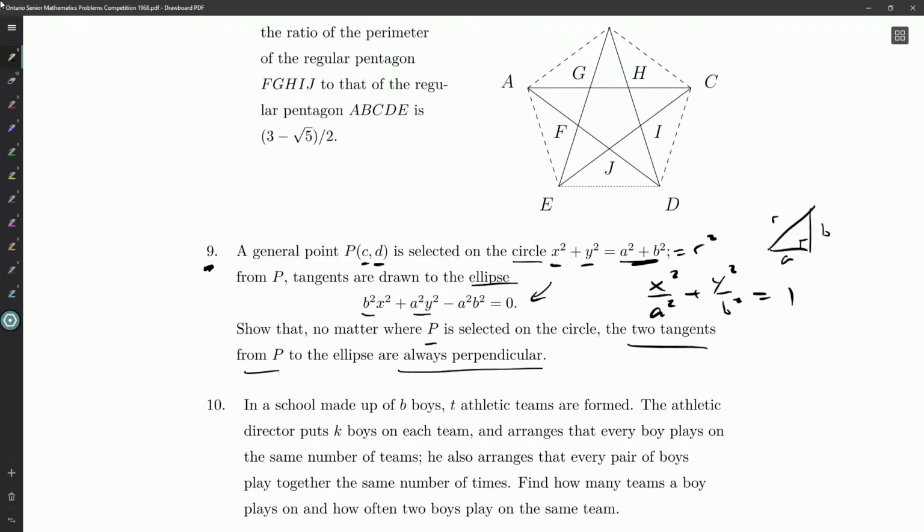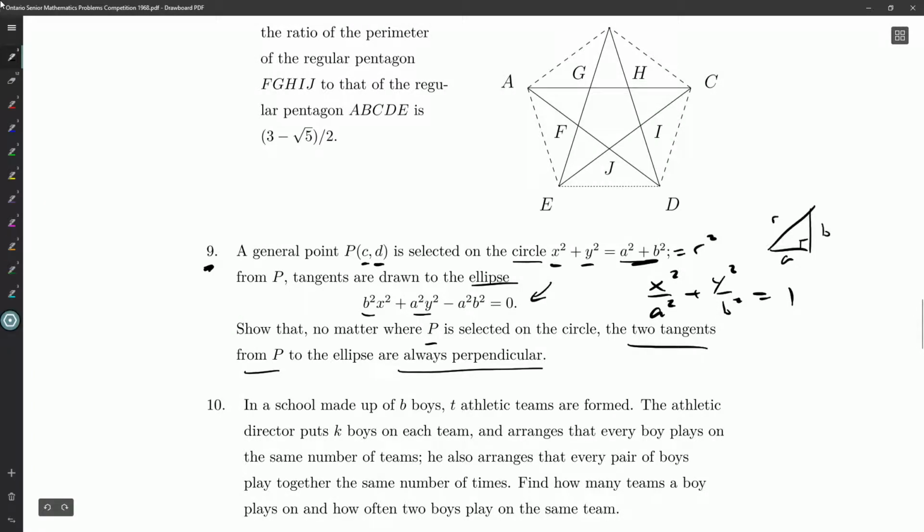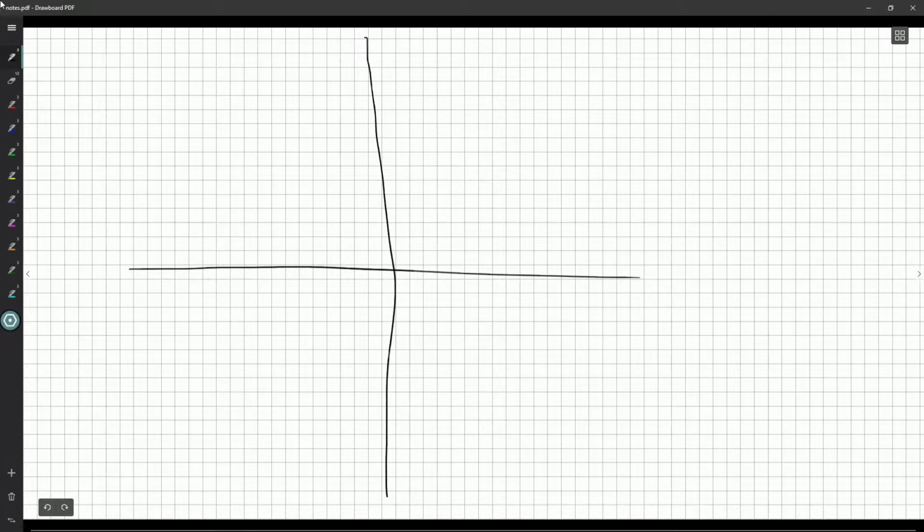So I know A and B are going to be the semi-major and semi-minor axes. And both equations here have no x minus stuff or y minus stuff, so they're both centered at 0. We'll say maybe A is here and B is here, and we've got an ellipse going around like this.